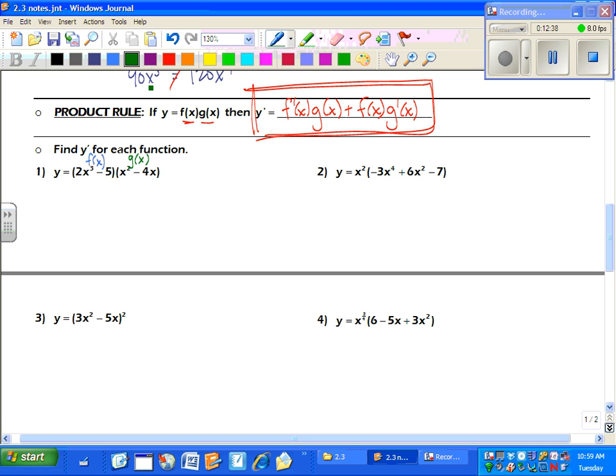So if we want to take the derivative, first, we're going to take the derivative of f of x, times g of x, plus f of x times the derivative of g of x.